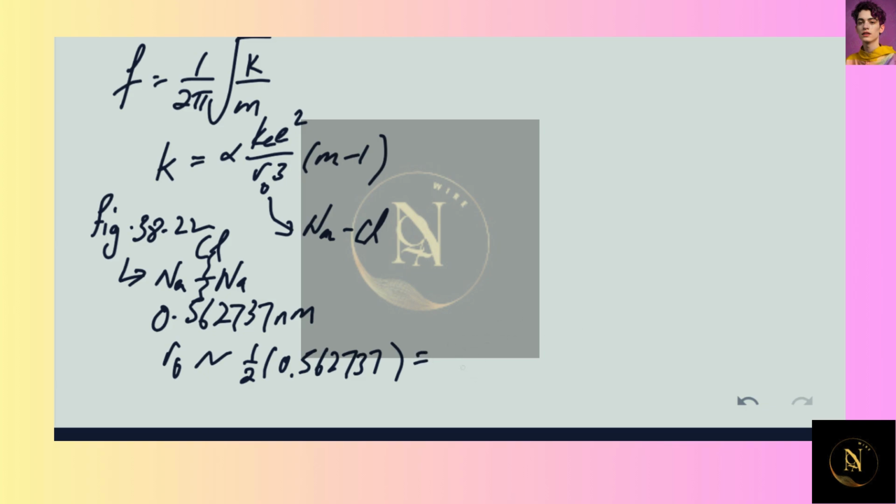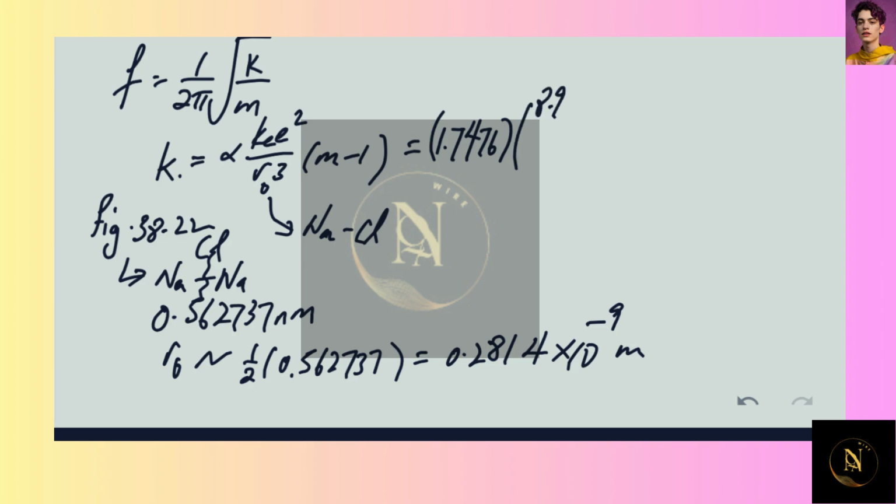So this is approximately 0.2814 times 10 to the power minus 9 meters. So using this, we can actually calculate our K, the stiffness constant, putting in alpha to be 1.7476. k is just 8.99 times 10 to the power 9. e is the elementary charge squared.